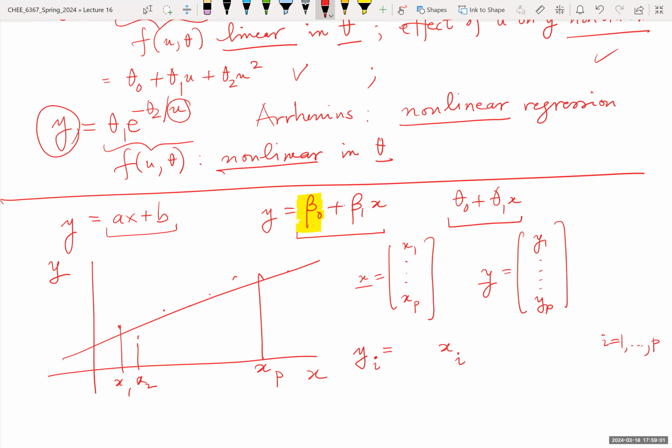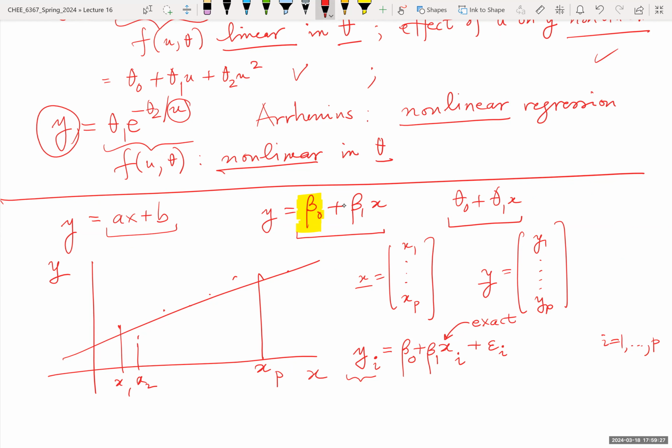Well, it's beta 0 plus beta 1 xi, plus there is an error here. Unfortunately, you don't know that epsilon i, and you can only measure yi, and you assume xi to be known exactly. There are methods when this is not known exactly, but that's okay for now.